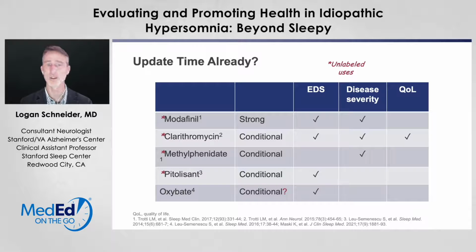If you look at the American Academy of Sleep Medicine data, you can see how they've synthesized the impact that various medications can have on the main symptoms and issues that these patients are experiencing. And you can decide for yourself through shared decision-making with the patient what is the most appropriate treatment, granted, recognizing that there is only one FDA-approved treatment for this condition at this time.